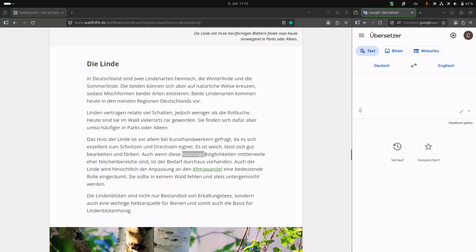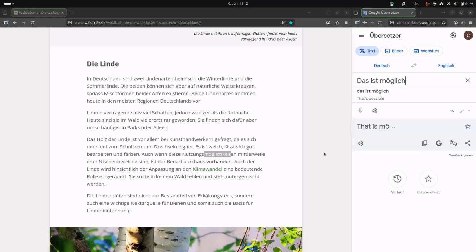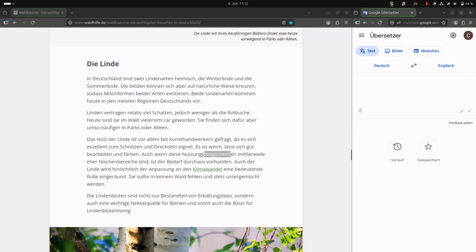Möglichkeiten derives from the word Möglichkeit, which means possibility. For example, when you say, das ist möglich, you say that is possible. So, usage possibilities, basically.